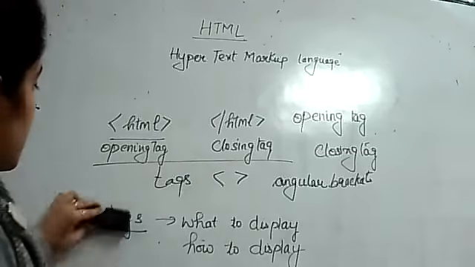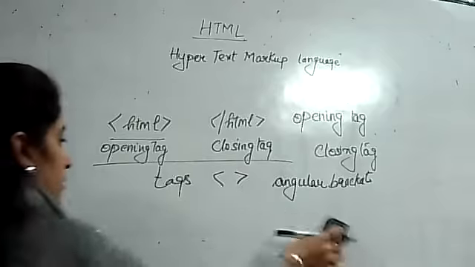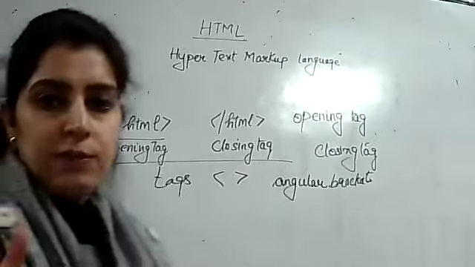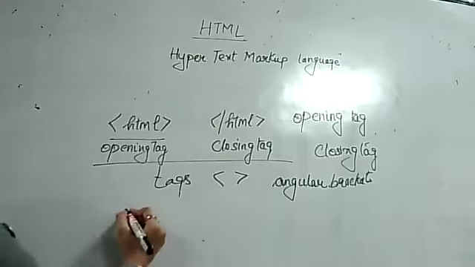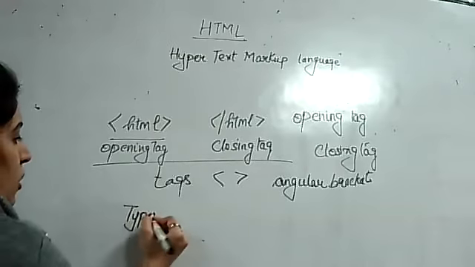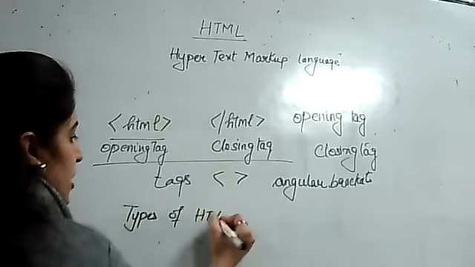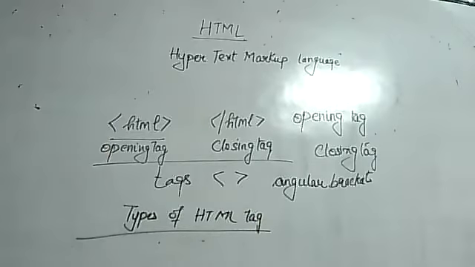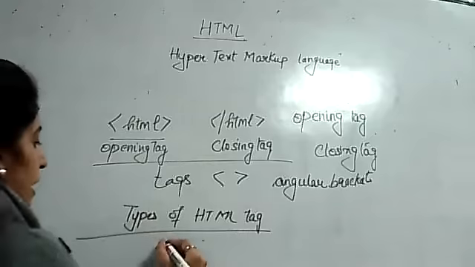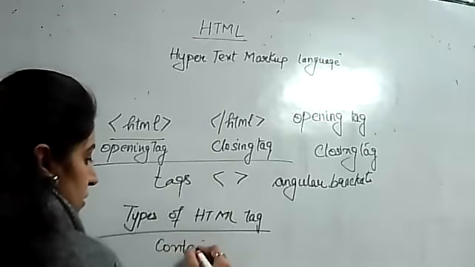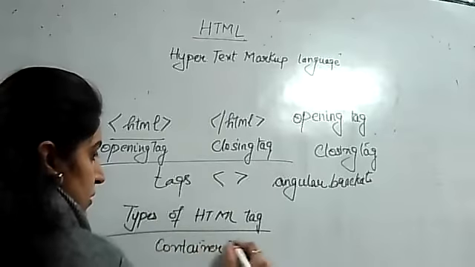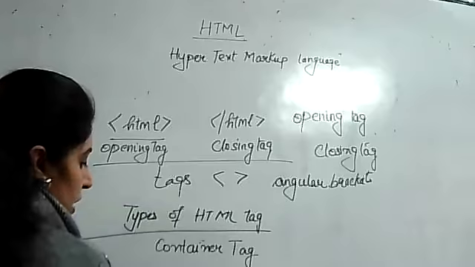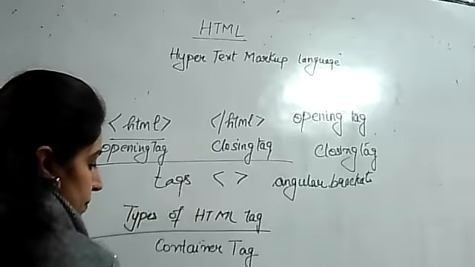Now next, the types of HTML tag. We have two types of HTML tag with us. दो तरह के हमारे पास HTML tag होते हैं. Types of HTML tags. The two types are container tag and empty tag.